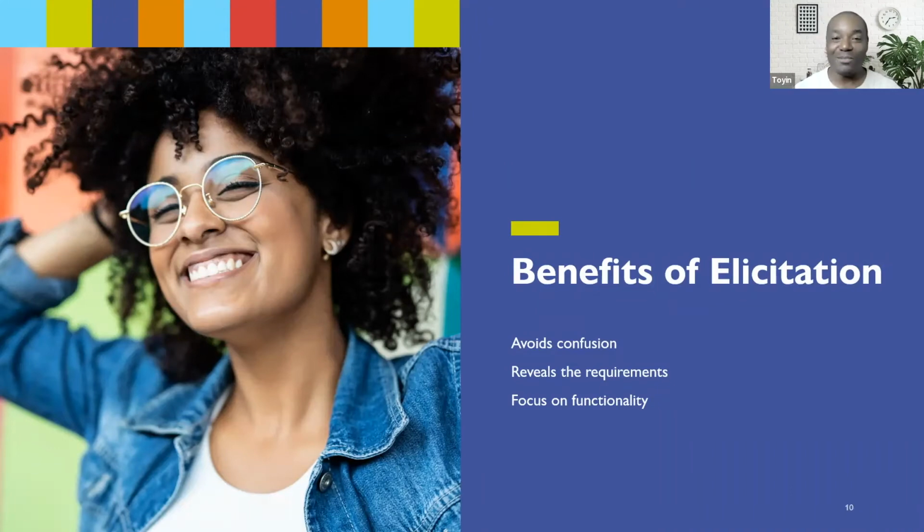Rather than put the right type of tires on the car, they put a typical tire that probably won't work during the cold winter, especially if I'm living in places like Canada, or those of you that live in very cold places, where you need to change the tires of your car so that it can adapt to the road. So it helps people to focus on the functionality of what the car does, right?